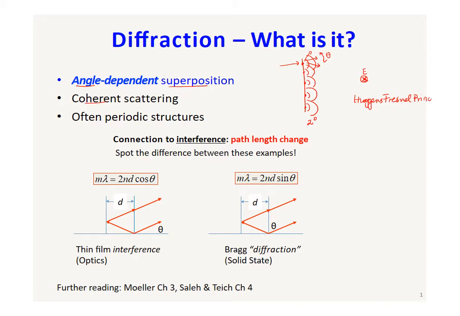So they're coherent. We know from our lecture on interference that when we have the superposition of a number of coherent waves, we can see really interesting interference effects. The interference effects are, of course, seen when we look at the irradiance.